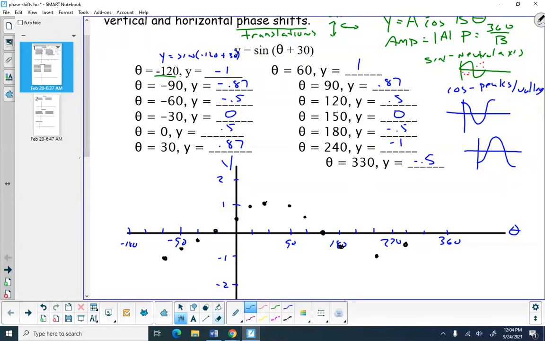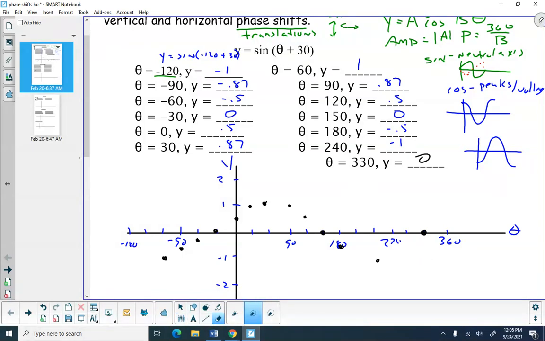Oopsie. 240, we're at -1. 330, we are at -0.5. I'm sorry, 360, 330 we should be at. We should be at 1 or 0, my bad. This should be 0 here, and at 330 we're at 0 up here.